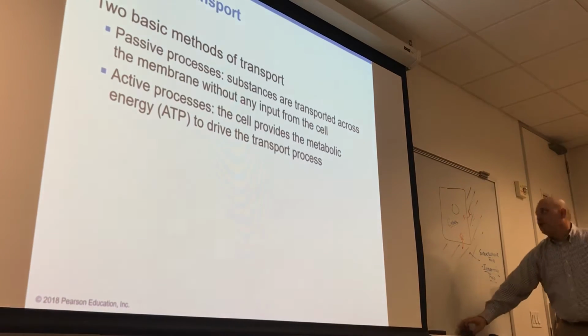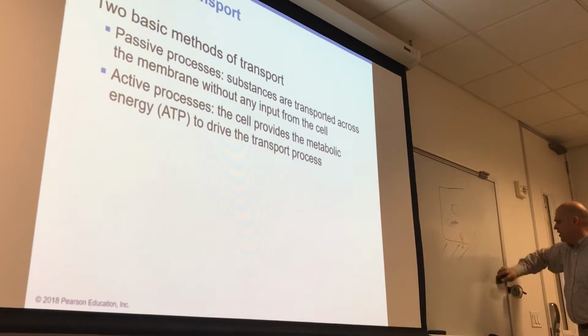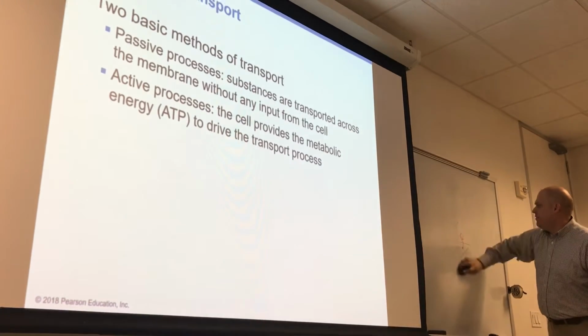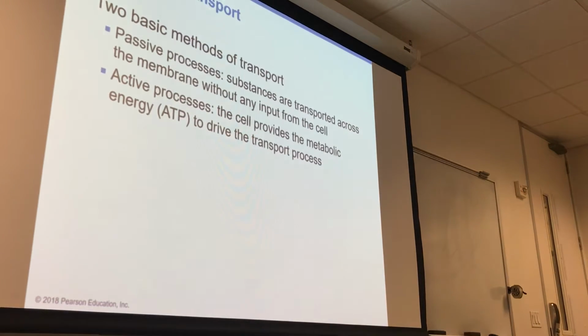So when we think about the processes that allow us to move material both into and out of the cell, there are two basic varieties. One of them is going to be a passive process, the other is going to be an active process.